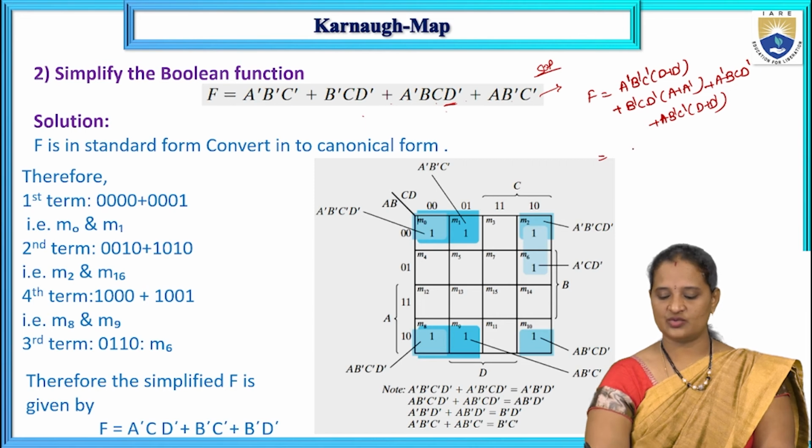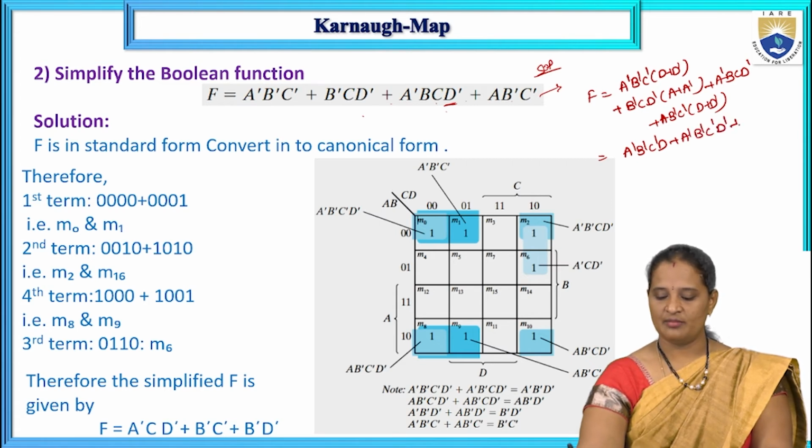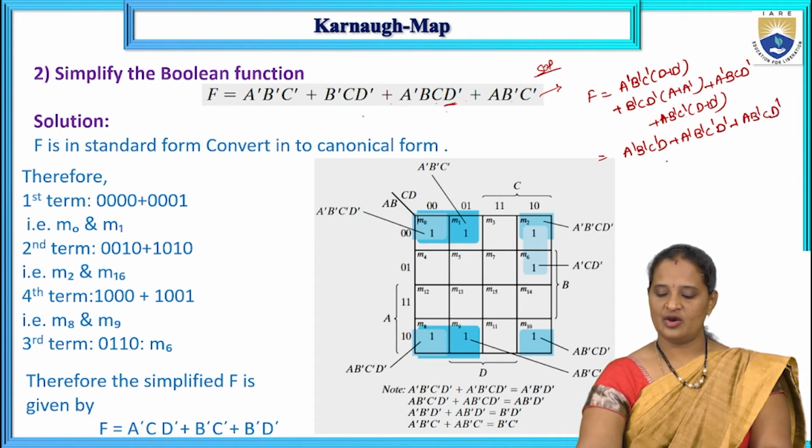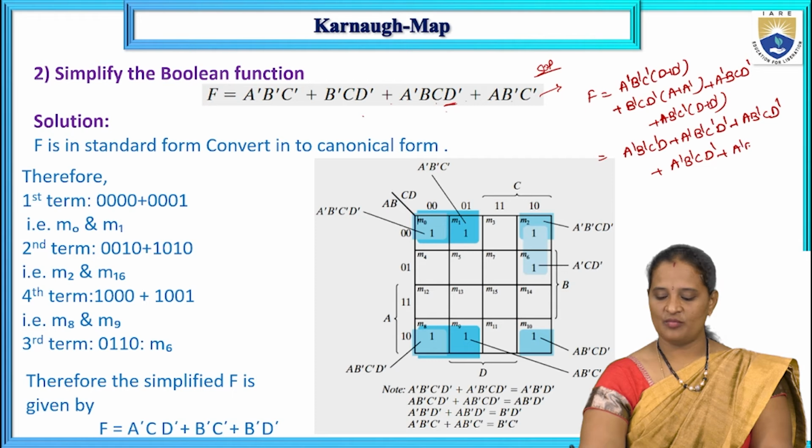So now I can write this as A complement B complement C complement D plus A complement B complement C complement D complement plus A B complement C D complement plus A complement B complement C D complement plus A complement B C D complement plus A B complement C complement D plus A B complement C complement D complement.